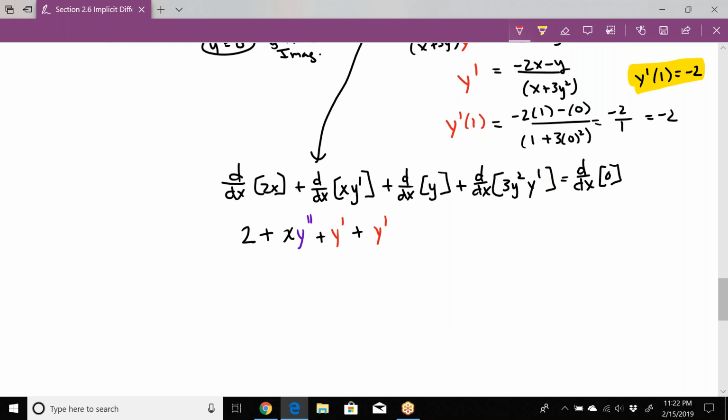Now for this very last one, we're going to get another chain rule here because these are different creatures. This is a y in the variable term, and this stands for, remember, the derivative of that.